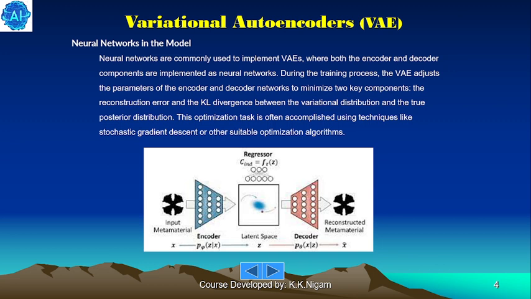Neural networks of the model. Neural networks are commonly used to implement VAEs, where both the encoder and decoder components are implemented as neural networks. During the training process, the VAE adjusts the parameters of the encoder and decoder networks to minimize two key components: the reconstruction error and the KL divergence between the variational distribution and the true posterior distribution.